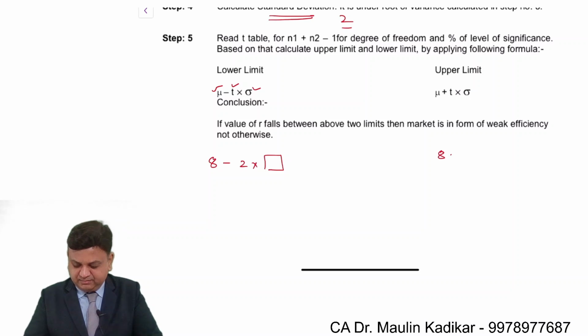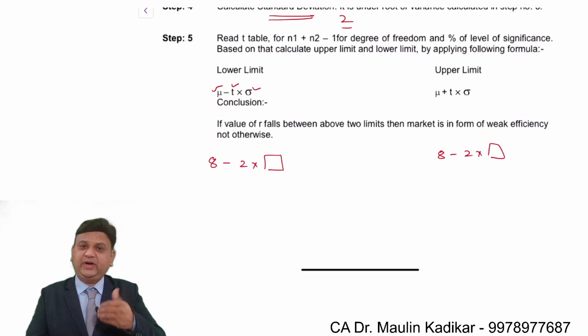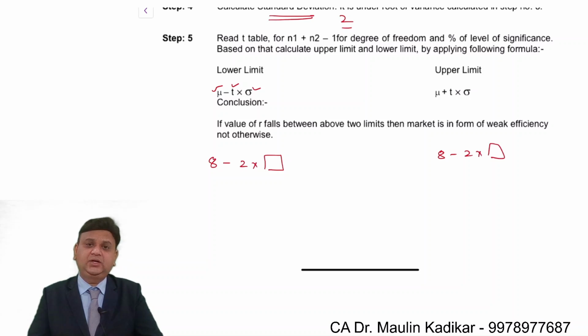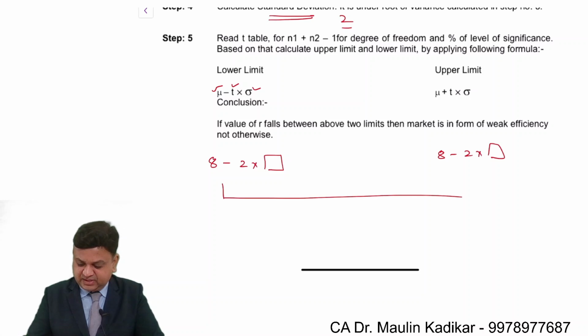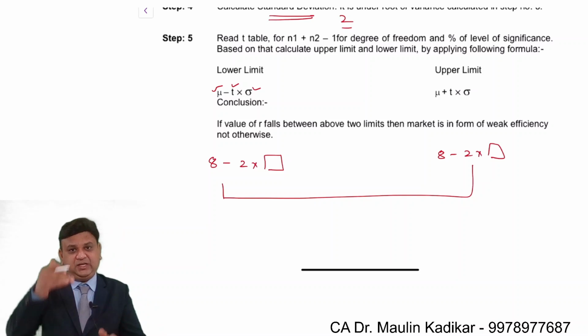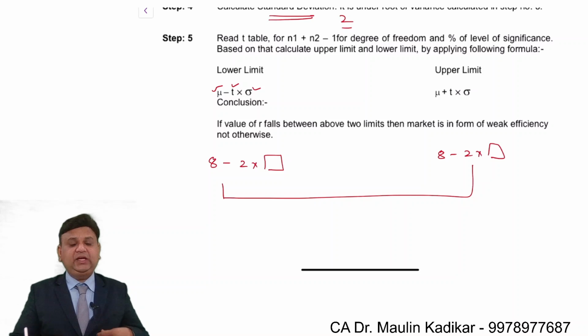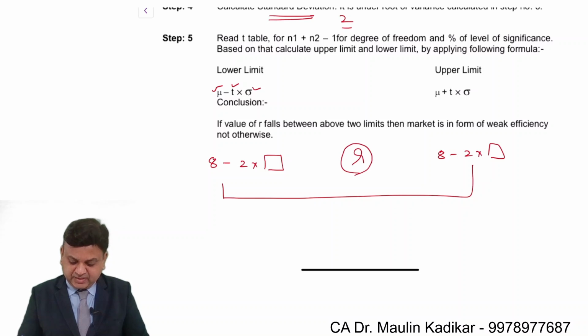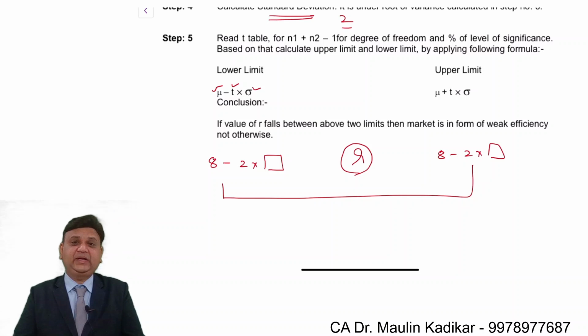And 8 plus 2 into again the t table reading for 5% level of significance gives the upper range. So this is the way we develop a range in which the value of R should fall. If the actual value of R falls within this limit, then the market is in weak form of market efficiency, not otherwise.